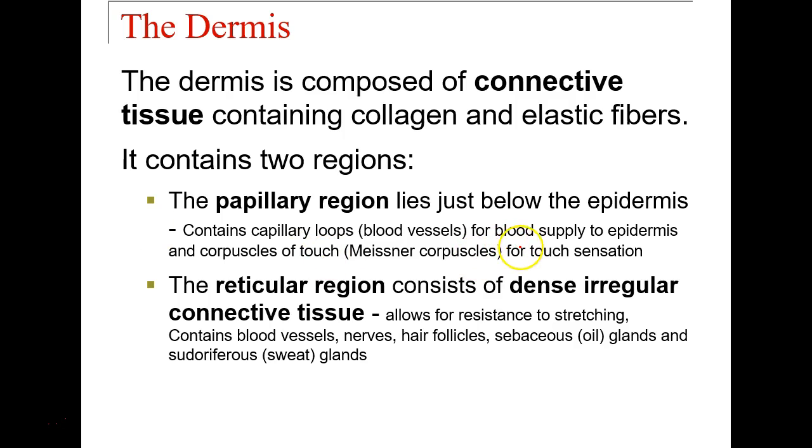There is a lot of blood supply here, supplying the base layers of the epidermis, and some corpuscles of touch, helping with touch sensation. Next, we have the reticular region. This is the main section of the dermis where we see the accessory structures, a lot of blood vessels, and a lot of nerve tissue.